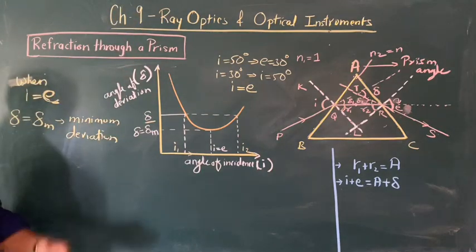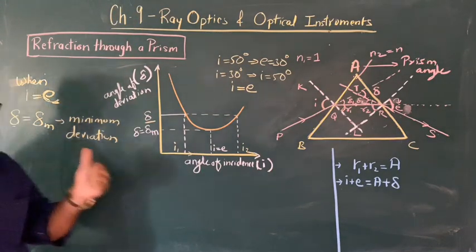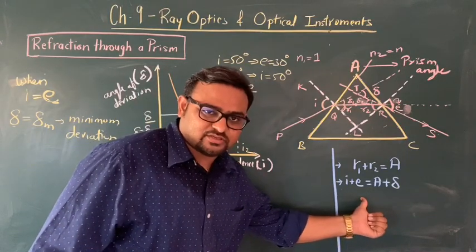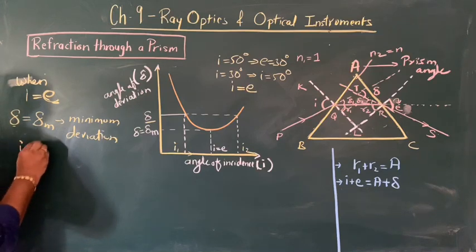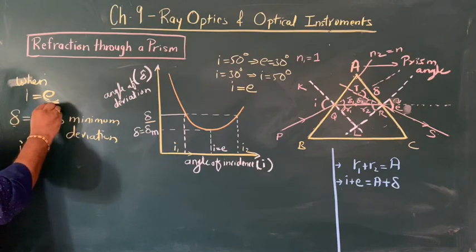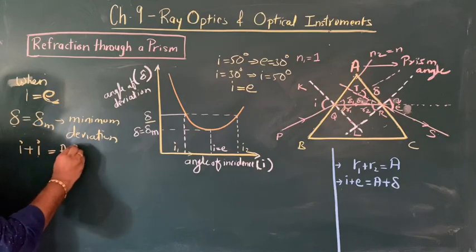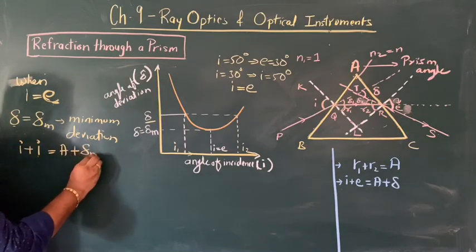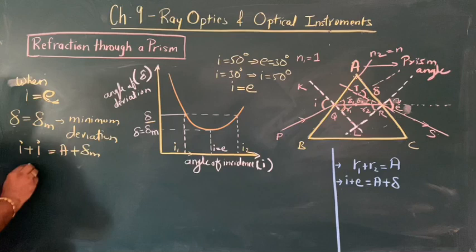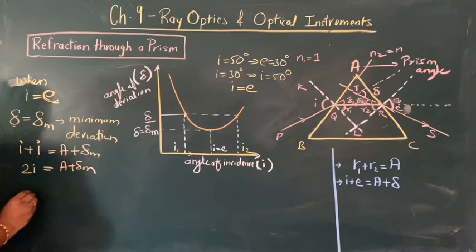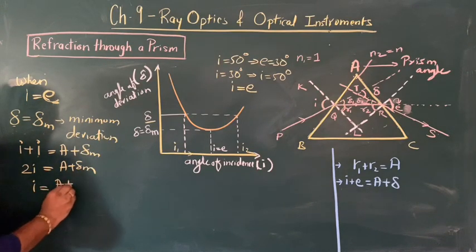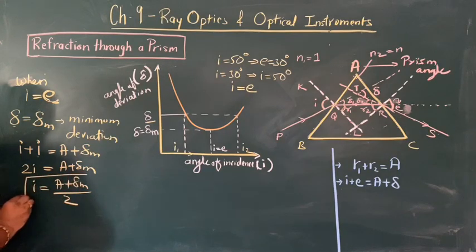So if I put this delta equal to delta M in the prism equation, what will I get? I plus I. Why I? Because I is equal to E. I got A plus, instead of delta, delta M. So I plus I, 2I, equal to A plus delta M, or else the angle of incidence will be equal to A plus delta M by 2.